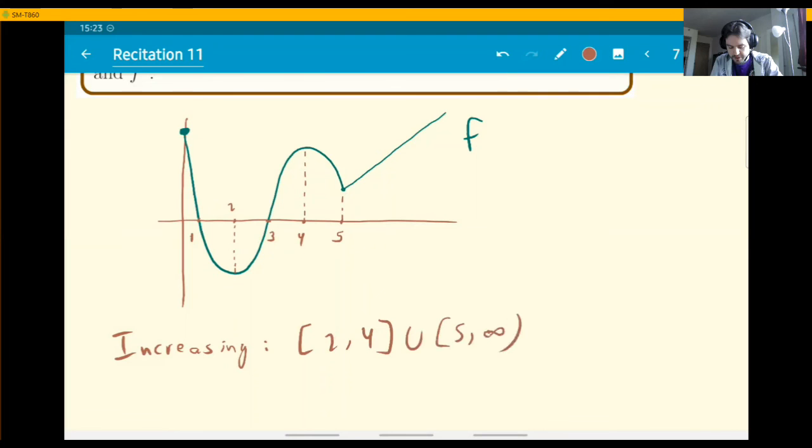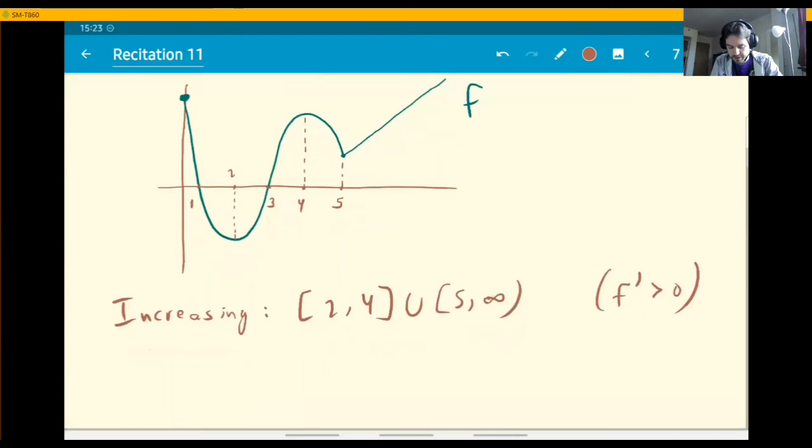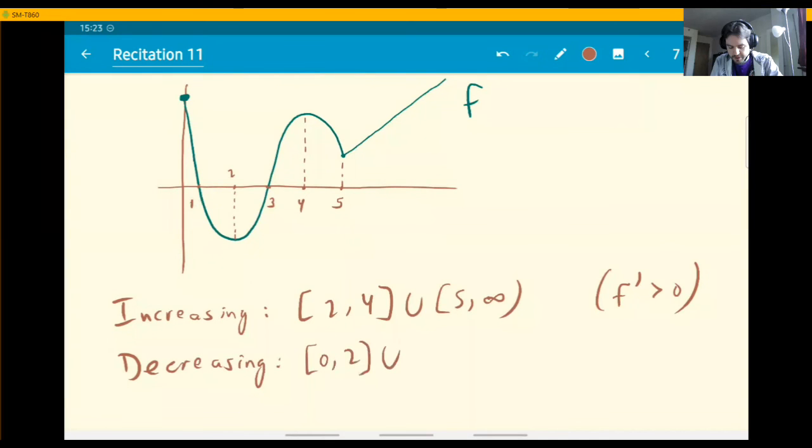This is where it's increasing, so f prime will be positive in these locations. Decreasing would be everything else, between 0 and 2, so this first part, and also this part between 4 and 5. This is where f prime has to be negative.